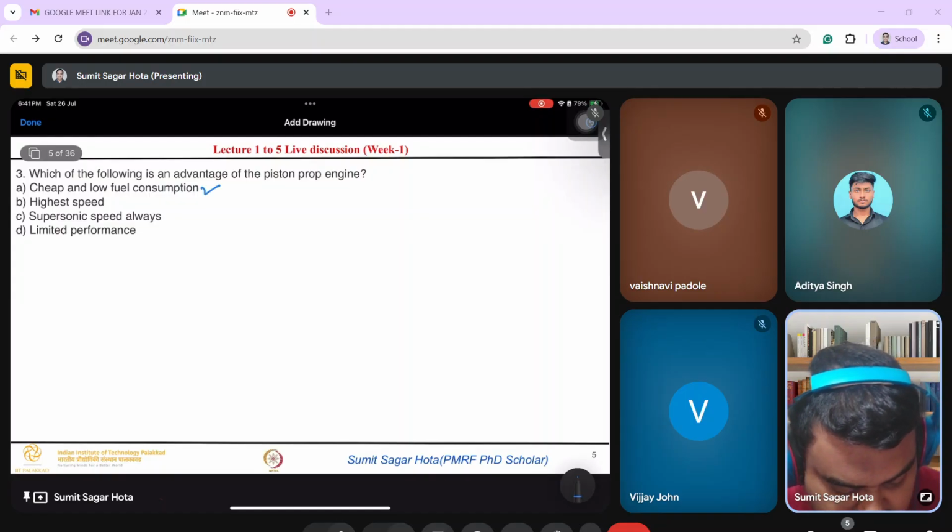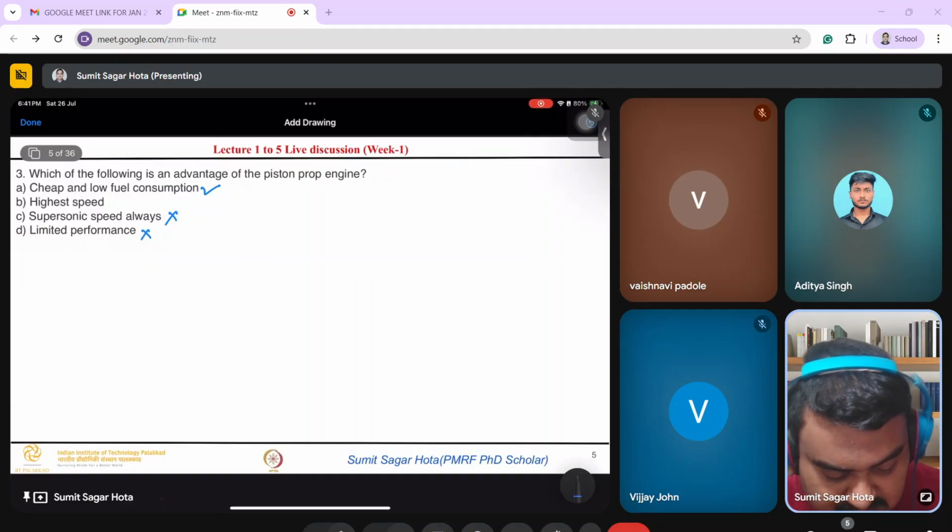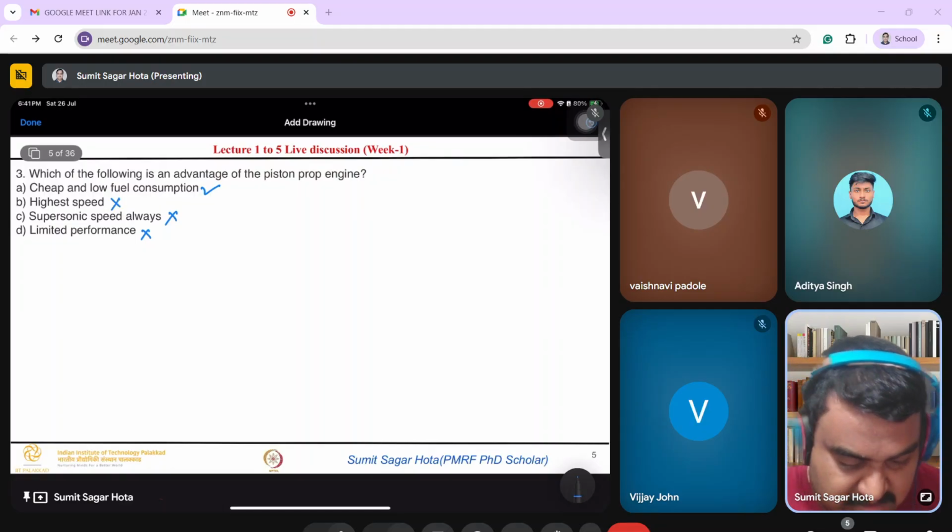It does not work at supersonic speed. It does not have very good performance or highest speed. It does not operate at very high speed, not supersonic. It can operate more or less at subsonic speeds.